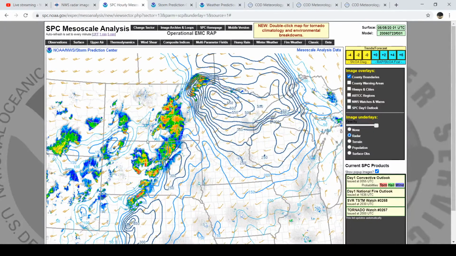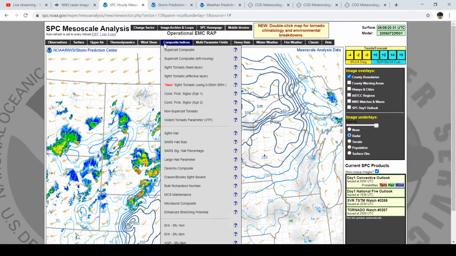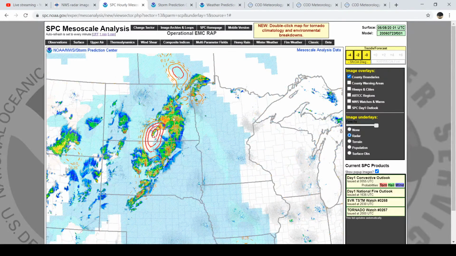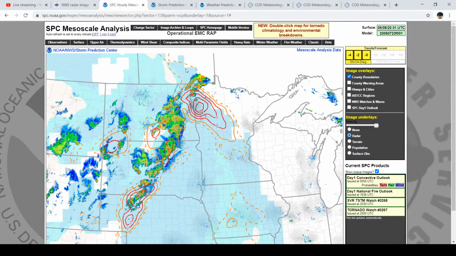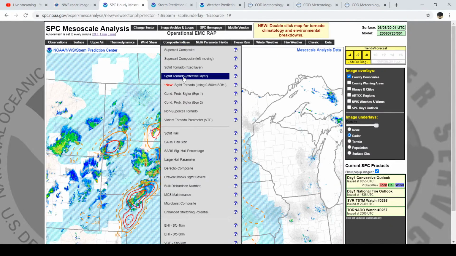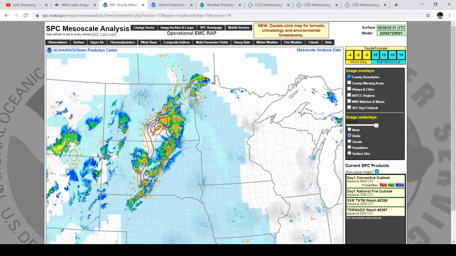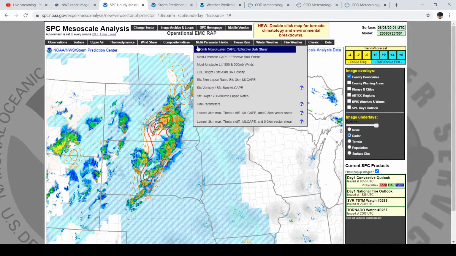Surface to 1 kilometer, about 100. If we use the new SRH, it's a 4. So it's definitely saying, hey, something might happen here. And if we look at our effective layer, we can see about a 4 or 3 through that region.